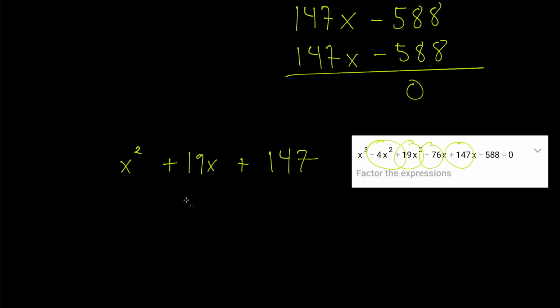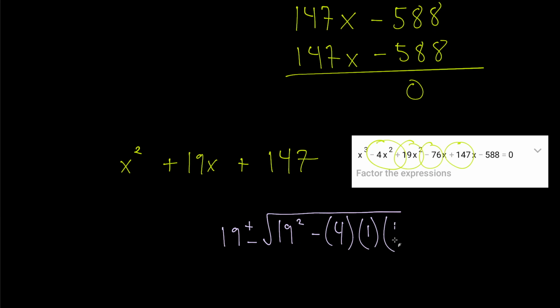So that's b, which in this case is 19, plus or minus the square root of b squared, which is 19 squared, minus 4 times a, which is 1, times c, which is 147. Well, I guess it's all over 2a. When we work this out in the calculator, we get something interesting.